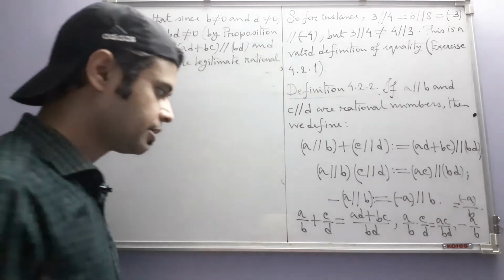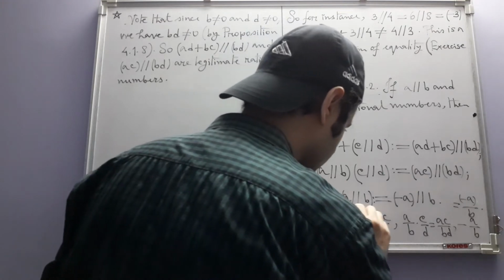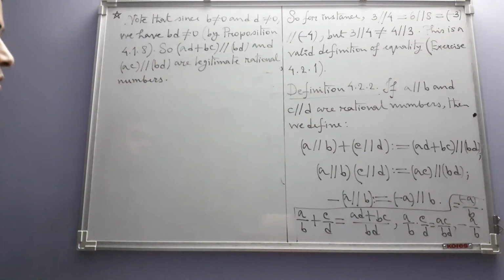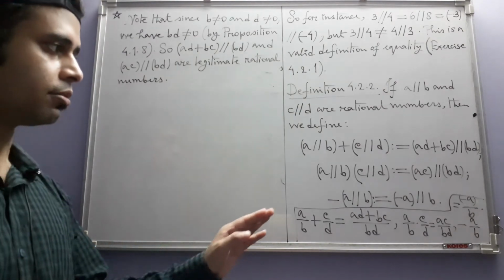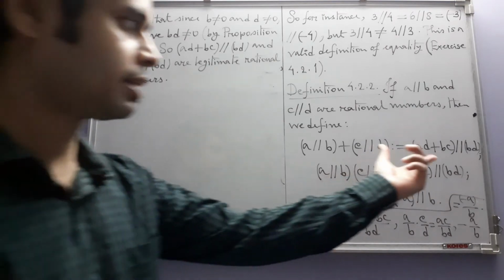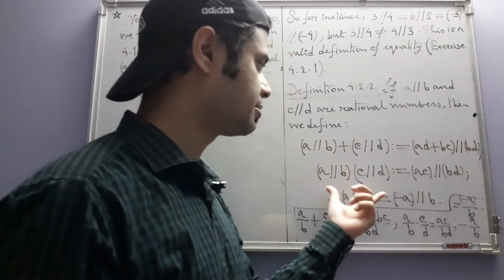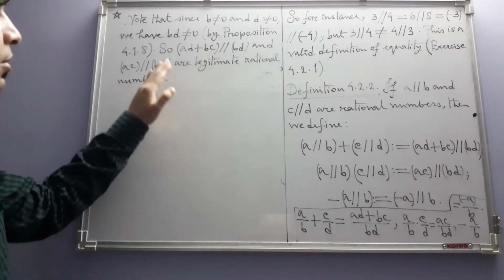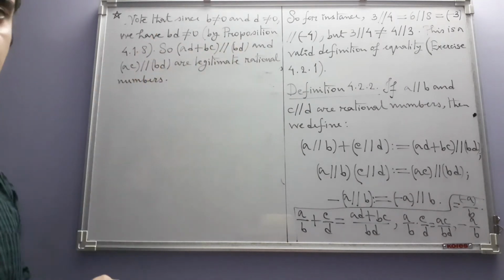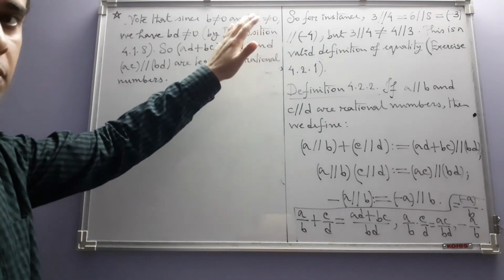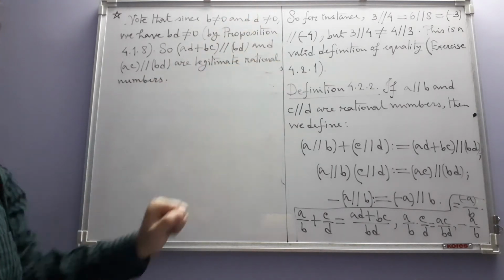So you notice that, okay, this was just for the discussion. Even for the definitions to make sense, whatever we have defined these operations to be equal to, we need proposition 418, which says that integers have no zero divisors.